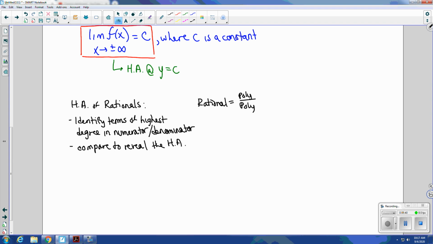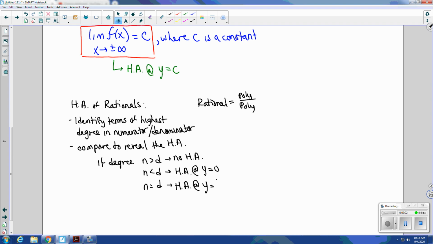If the degree of the numerator is greater than that of the denominator, there is no horizontal asymptote for that graph. If the degree of the numerator is less than that of the denominator, there is a horizontal asymptote at y equals 0. And if the degrees of the numerator and denominator are equal, there is a horizontal asymptote at y equals the ratio of the coefficients of the leading terms in the numerator and the denominator.